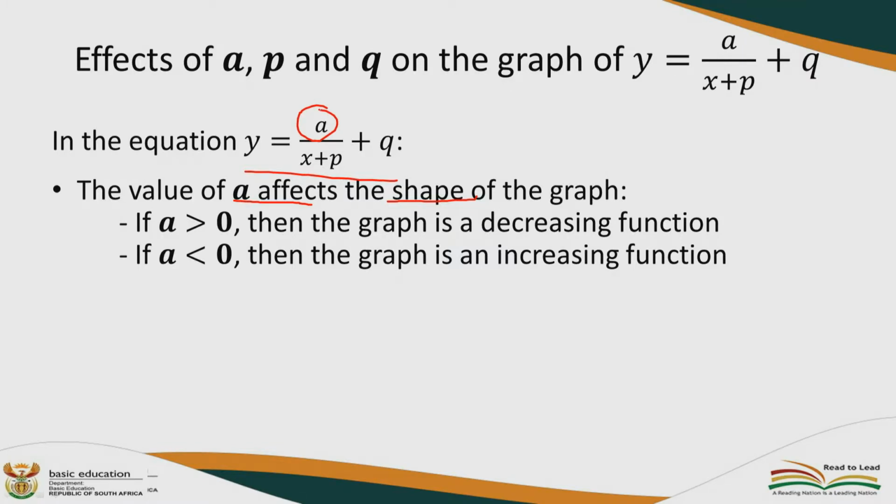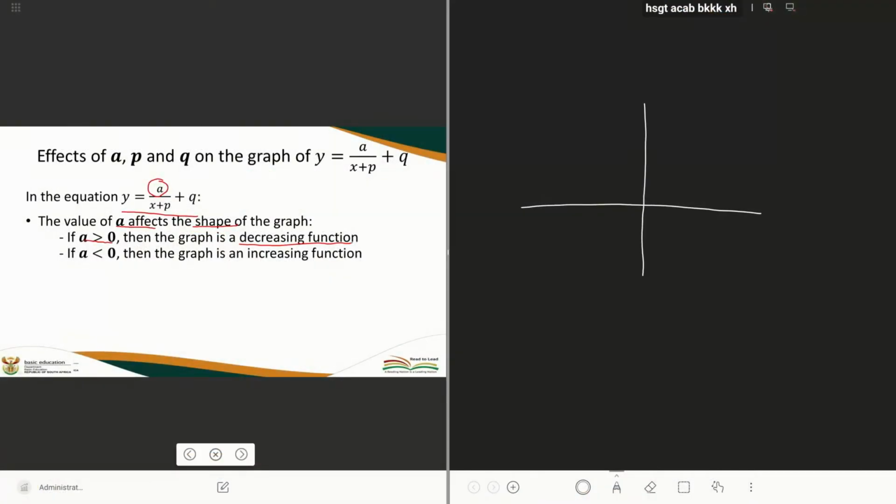Now, if a is greater than 0, in other words, a is positive, then the graph is going to be decreasing. You'll remember from grade 10 that your mother graph was given by y equals 1 over x, and your a is positive 1 there. So we are going to have a decreasing function on the first and the third quadrants.